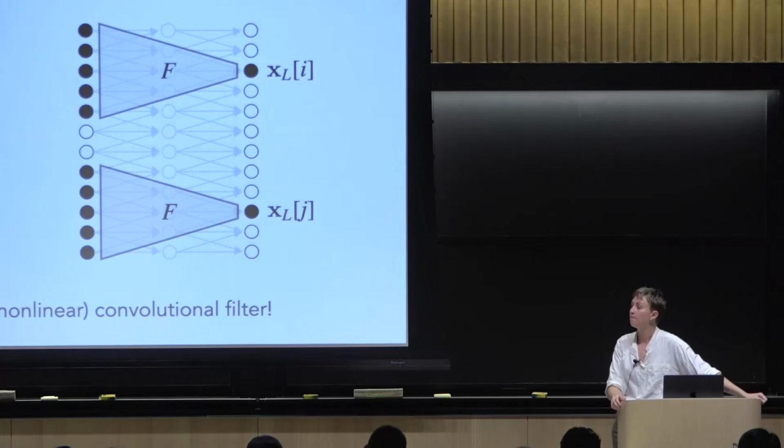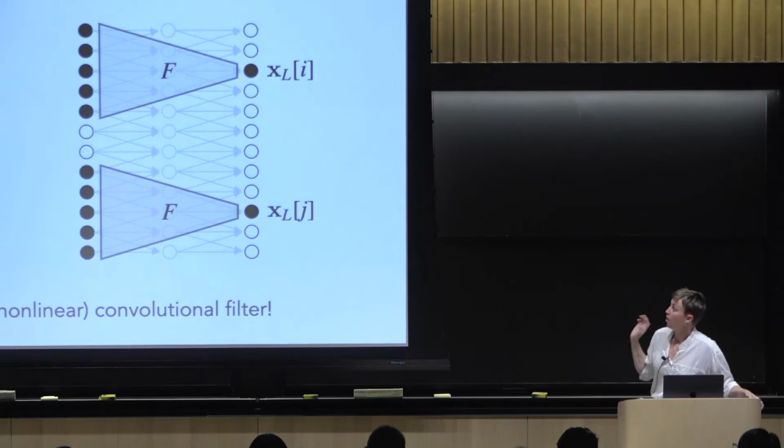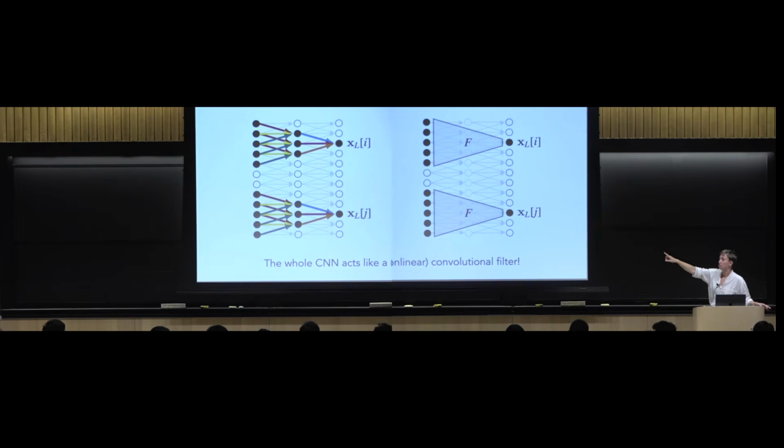Yeah? Sorry, can you be a little louder? Oh, yeah. The only reason this is nonlinear is because there's a nonlinearity in the middle. So you have this first convolutional layer, and then see where you have those nodes in the middle? What I'm saying is that here we've applied a nonlinear activation, and then you have that second layer.